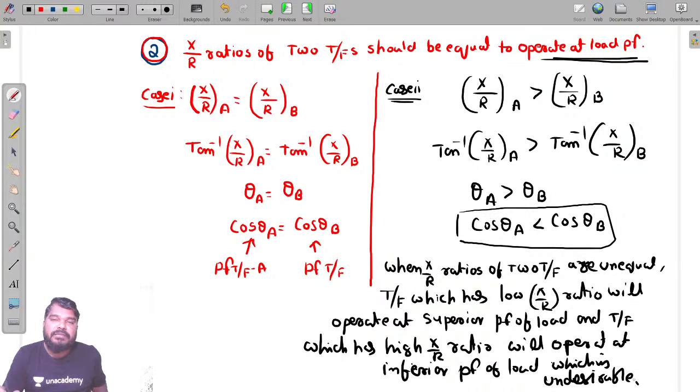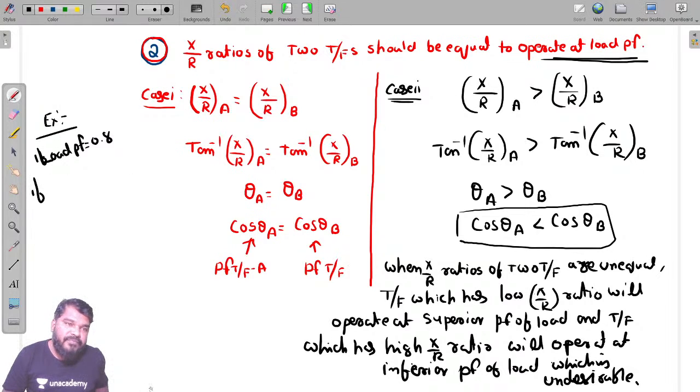What does superior mean? It means greater than. For example, if the load power factor is equal to 0.8, and the X by R ratio of transformer A is low, it is operated at 0.9 power factor. If the X by R ratio of transformer B is high, it is operated at 0.7 power factor.